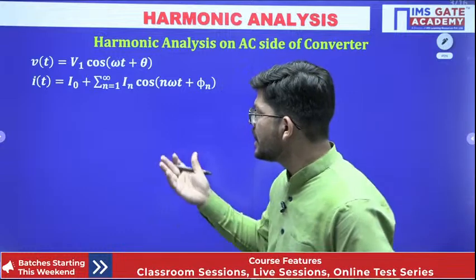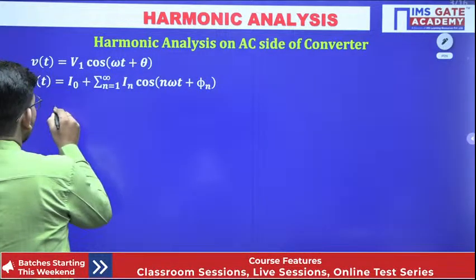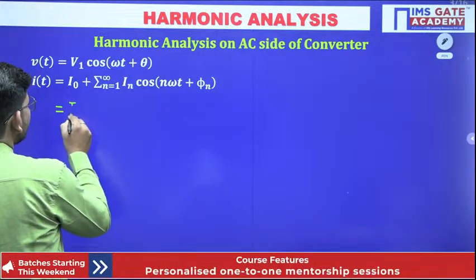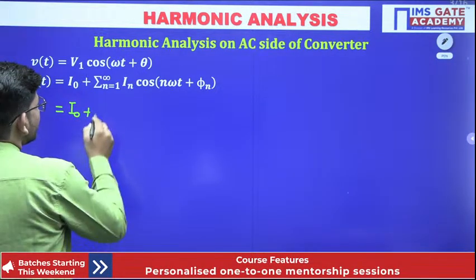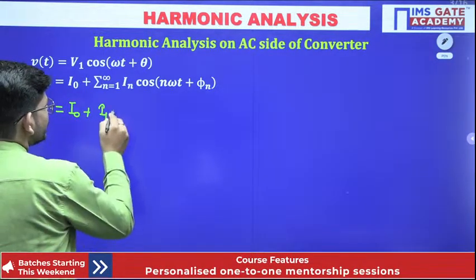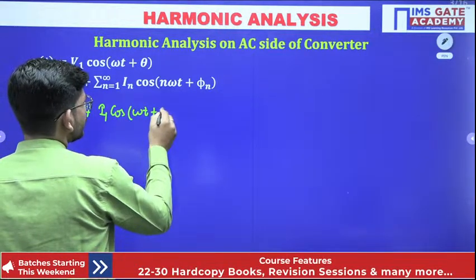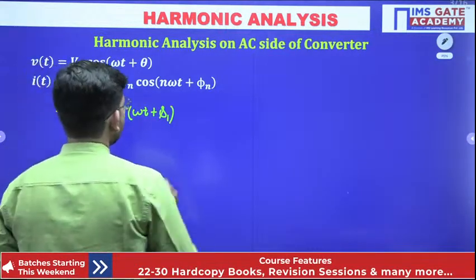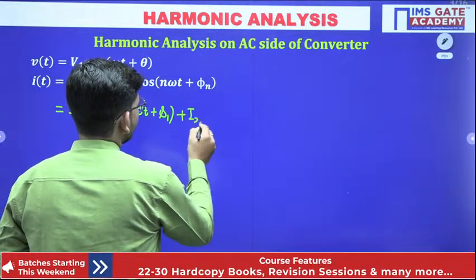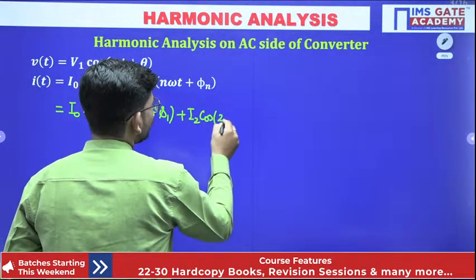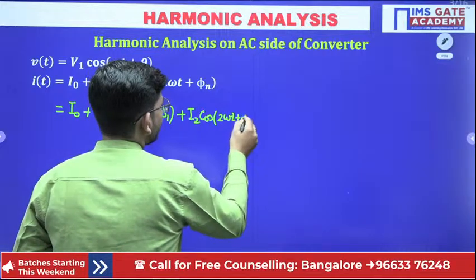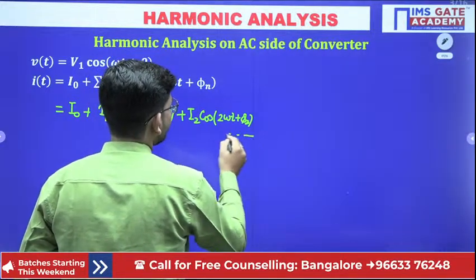In that case, we may express this current, if I open this summation, as I naught plus I1 cos of omega t plus phi 1, plus I2 cos of 2 omega t plus phi 2, and so many other terms.